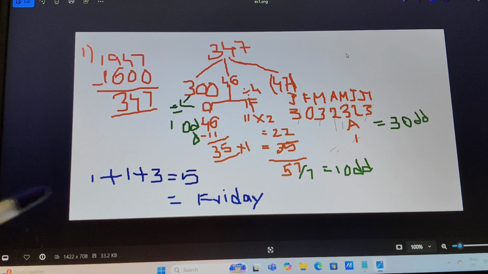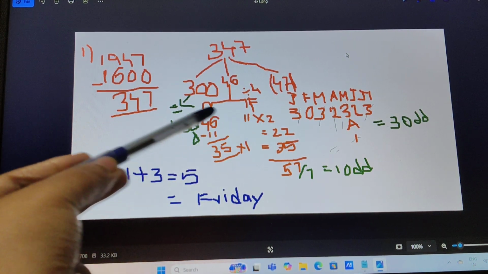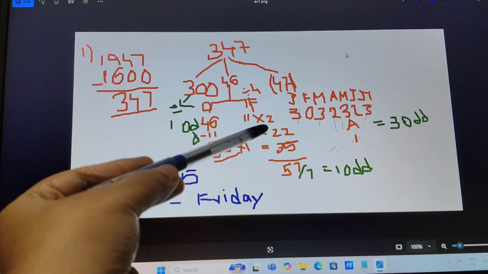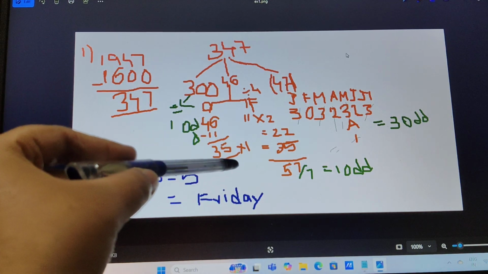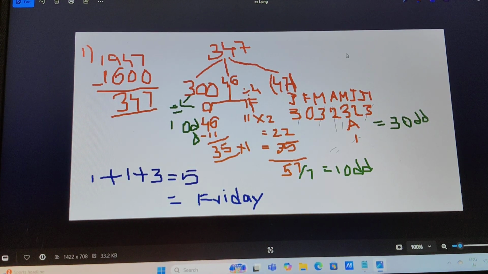We remove them from 46 and get 35 normal years. The leap years are into 2 and the normal years are into 1. You add 35 and 22, you get 57. Dividing by 7, you get 1 odd day.